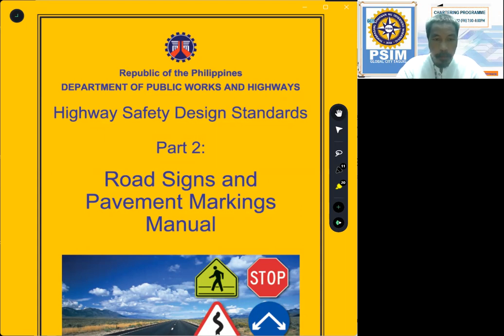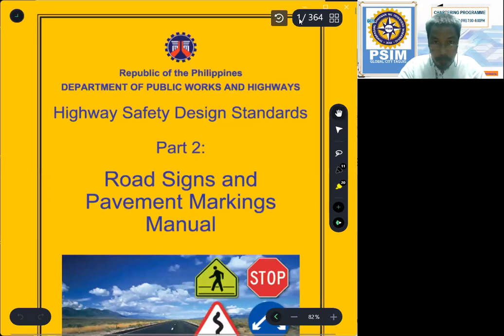In this video, we will again discuss the highway safety design standards, part 2, about road signs and pavement markings. And currently, I think we are now on main module number 3. So let us proceed with that module.